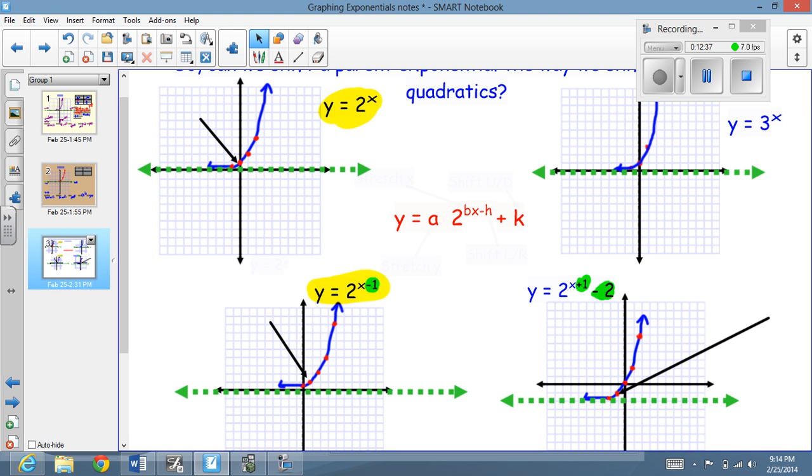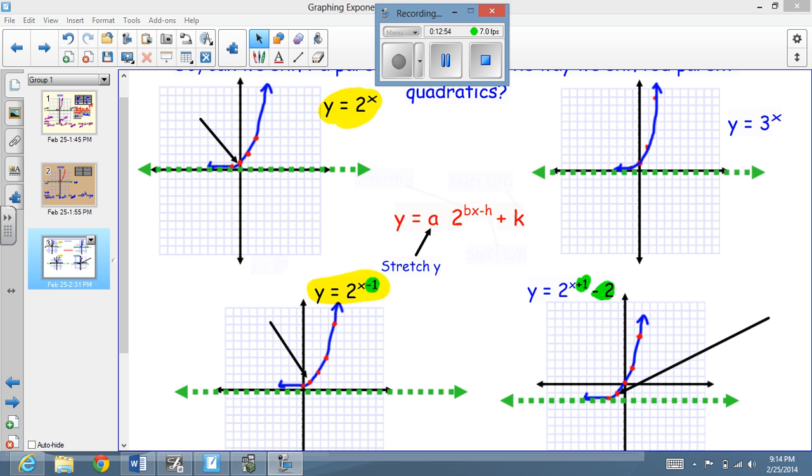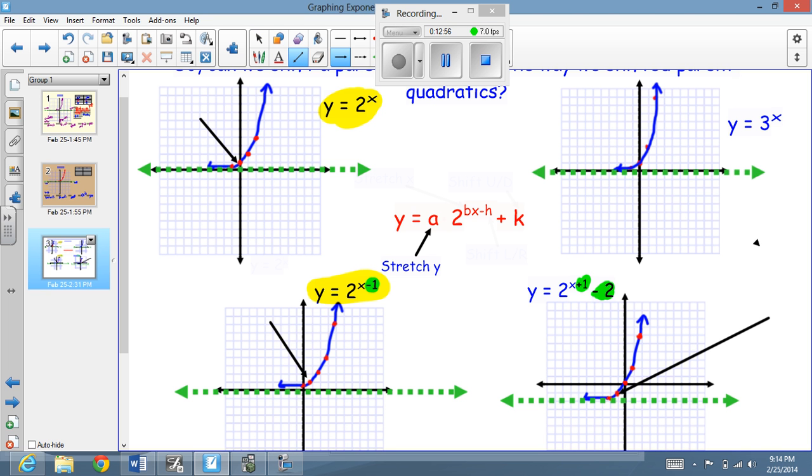So this comes back to that same discussion we had earlier. All of these different things mean something. This A here, the number in front, well, what's that going to do? That's going to stretch your Y. That stretches it up and down. Okay, and that's kind of the case over here with this one. Notice that it's a little bit taller, it's stretched a little bit higher.